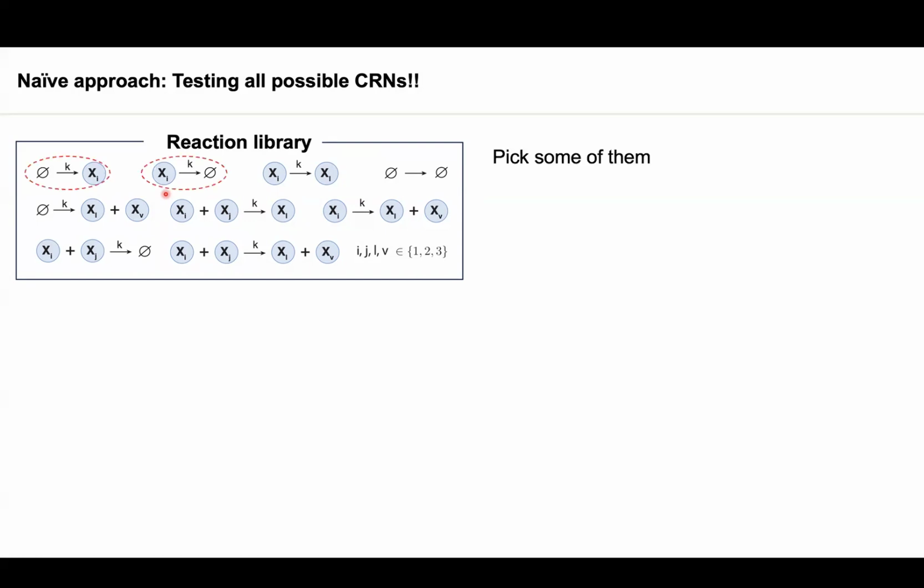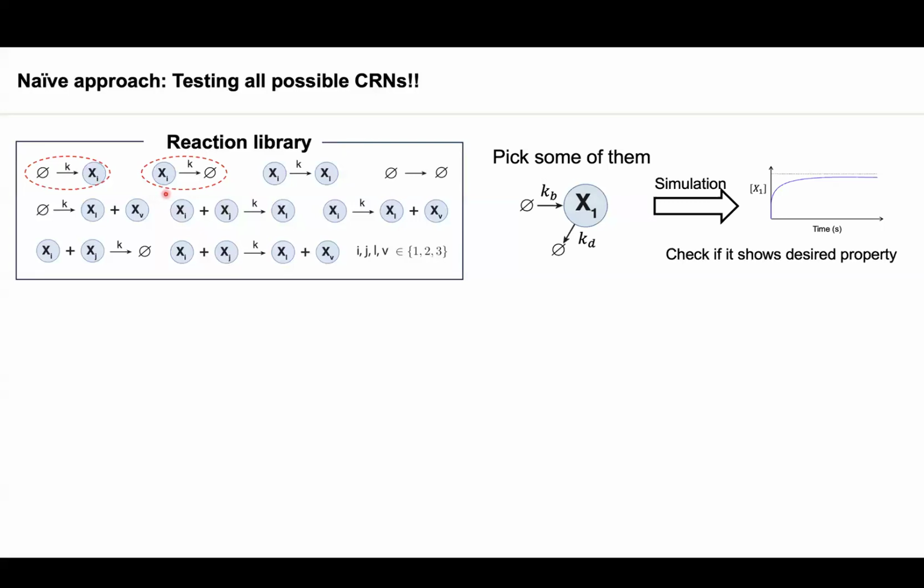And we just pick some of them, and we complete the CRN structure. And we simulate it and check if this is a match with what we want. And we repeat this process until we get our desired property.